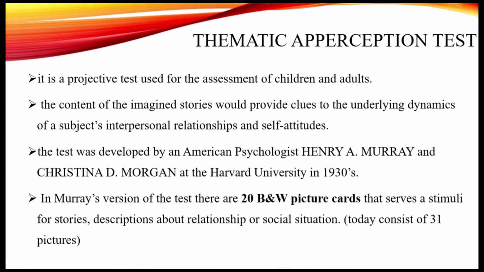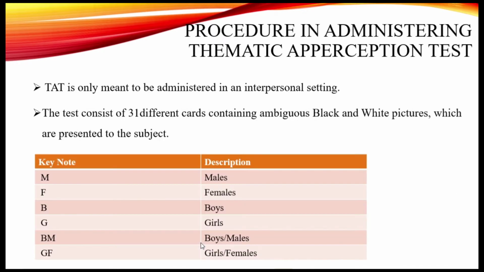In Murray's version of the test, there are 20 black and white picture cards that serve as stimuli for stories describing a relationship or social situation. Today, the pictures consist of 31 pictures.